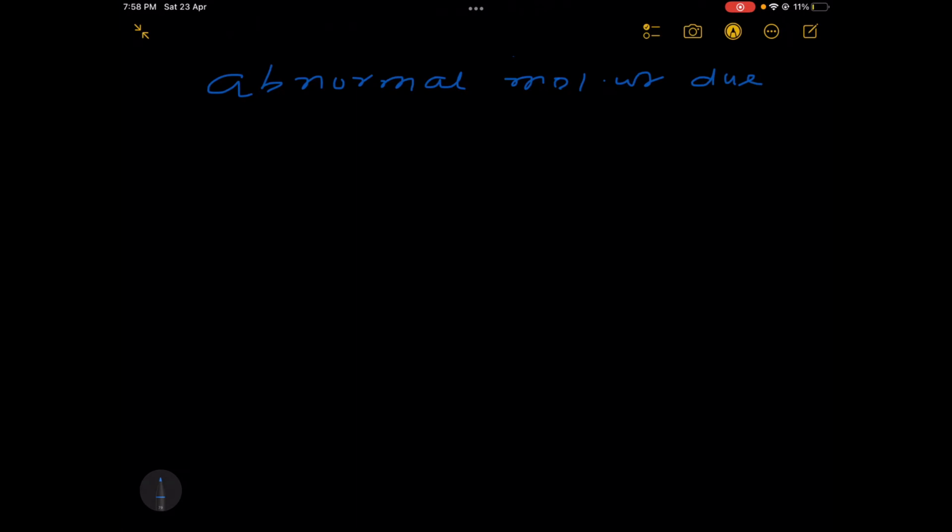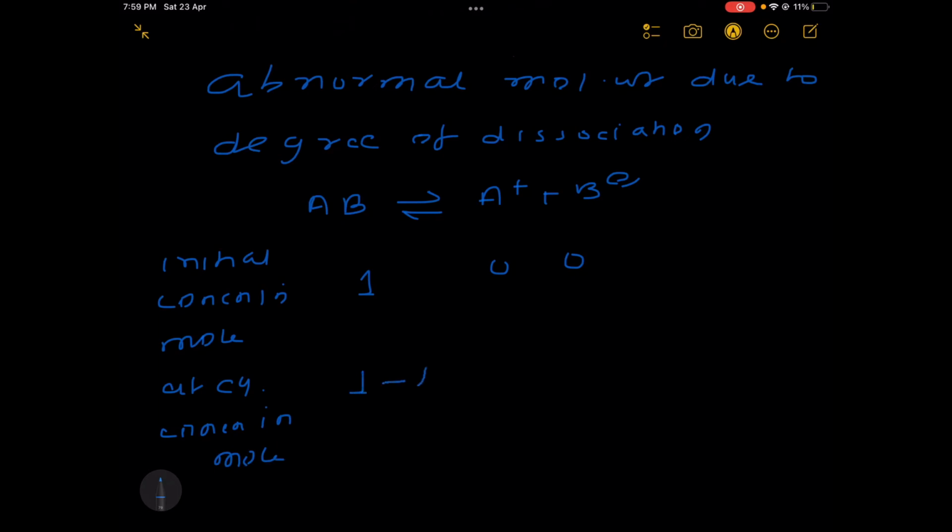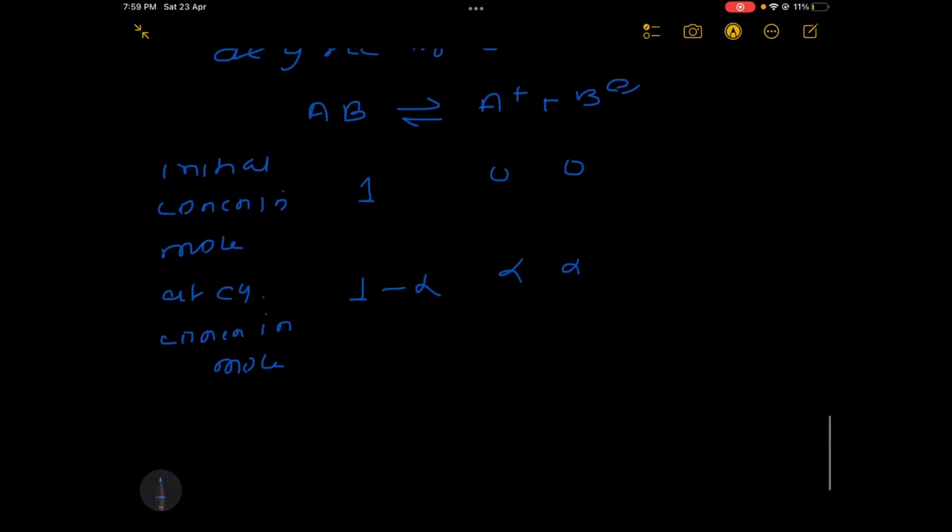due to degree of dissociation. What's the option over here? AB is there and can dissociate to form A plus and B minus. We can take the initial concentration in moles as 1, 0 and 0, and at equilibrium the concentration in moles is 1 minus alpha, alpha and alpha, where alpha is the degree of dissociation, remember.